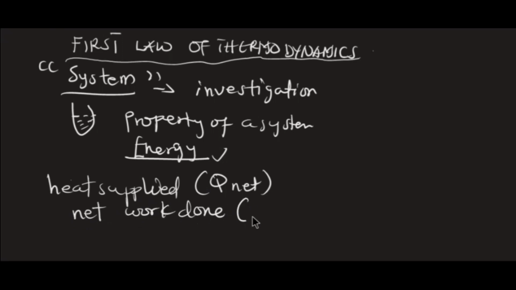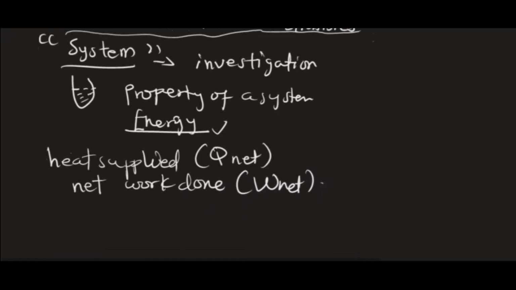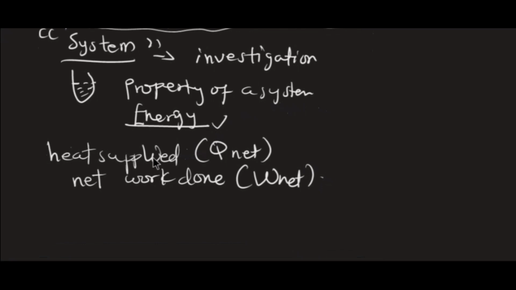So that is going to be W net. So we are going to have heat supplied to a system and the work done by the system as it changes state. When a system absorbs heat, there will be a change of state, and the work that will be done, when you subtract that from the heat supply, it gives us the total energy of the system.